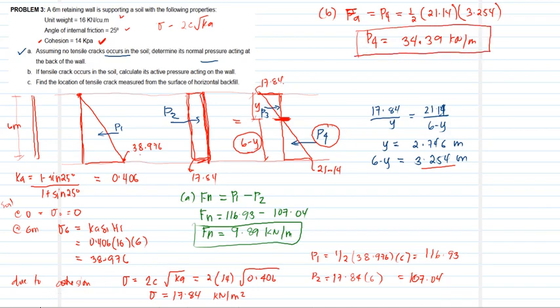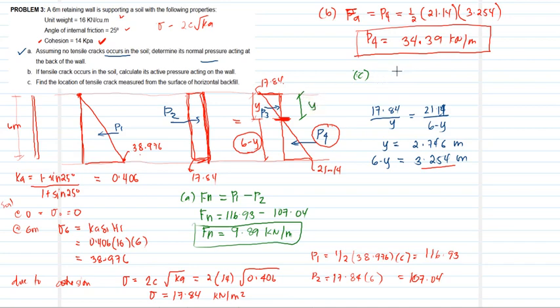And for letter C, ano yung magiging sagot natin? We have to find the location of the tensile crack measured from the surface of the horizontal backfill. So, na-solve na natin ito. So, ito yung distance natin mula sa ground surface. So, that is equal to y.